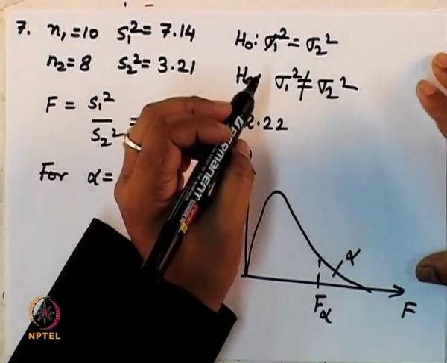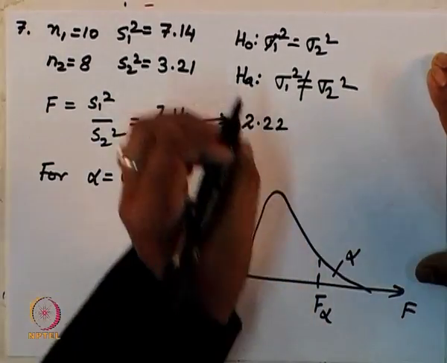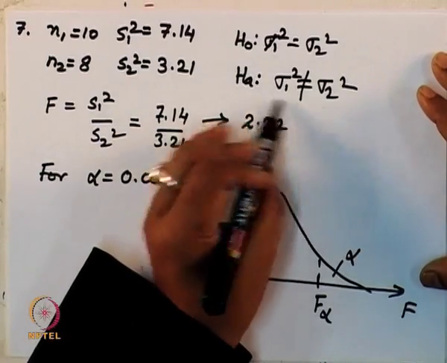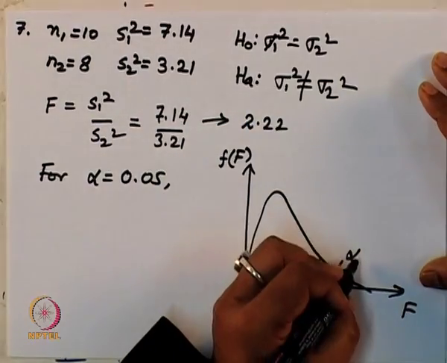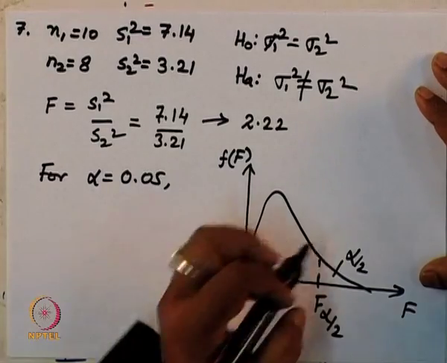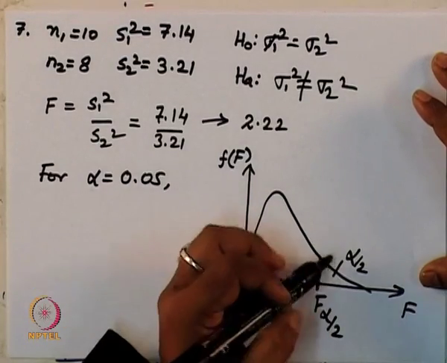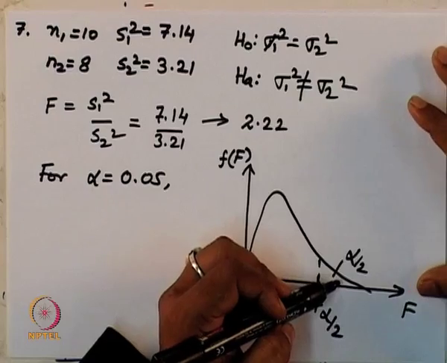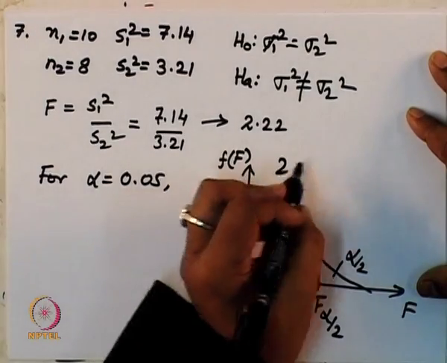So I have two values. If my alternate hypothesis is sigma 1 square not equal to sigma 2 square, I want to find out the value of F of alpha by 2 corresponding to alpha by 2. So this is for a two-tailed test.